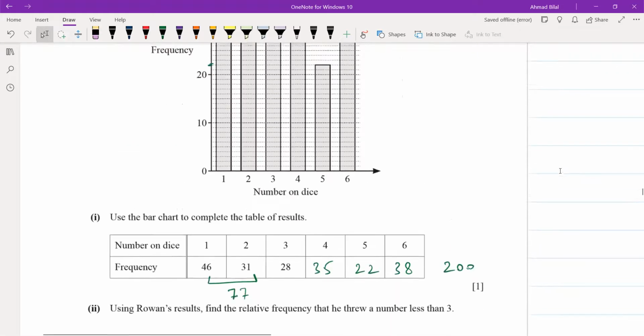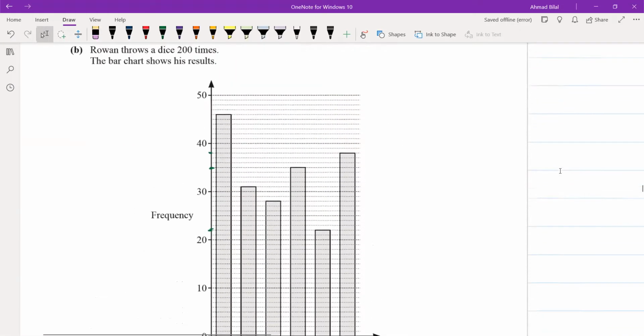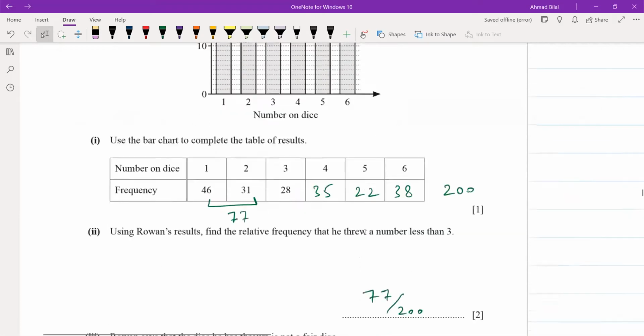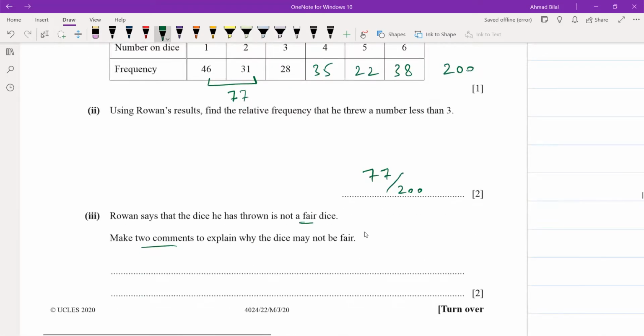So let's look at this. अच्छा, पहले तो ये समझे fair dice क्या होता है. Fair dice is when all the probabilities are equal. Fair dice का मतलब है probability of every number is equal.